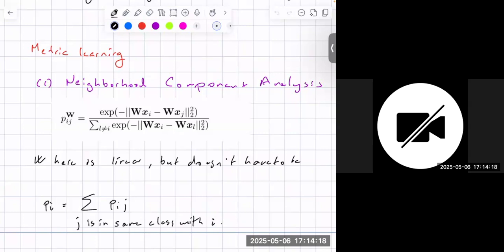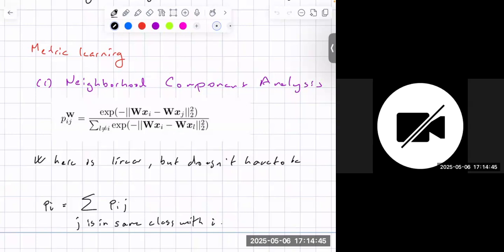So this Pij is like a weight. Again, it looks very similar to the SNE weights, if you remember. In SNE, it was also more or less exactly this, because it was invented by the exact same people. That's why you see the same ideas. But this was before t-SNE, I guess. I have to check.